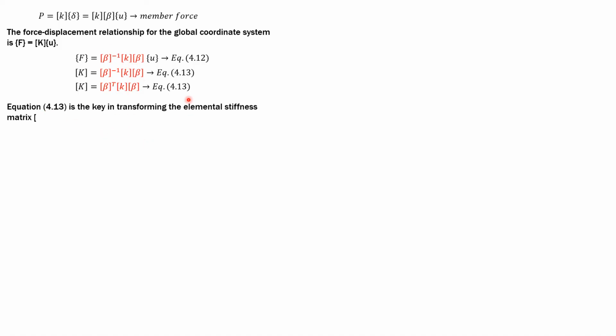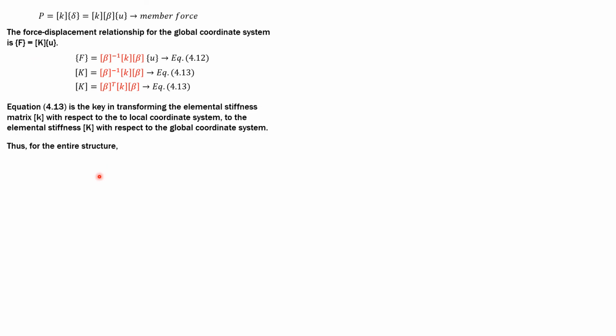This equation 4.13 is the key in transforming the elemental stiffness matrix, small k, with respect to the local coordinate system to the elemental stiffness, capital K, with respect to the global coordinate system. So for the entire structure, F global is equal to capital K global times U global.